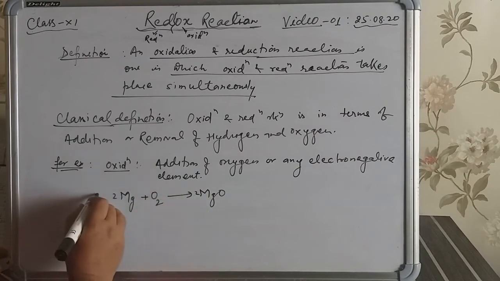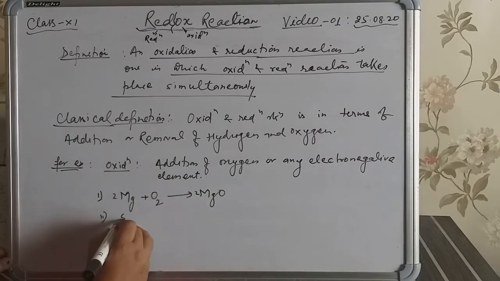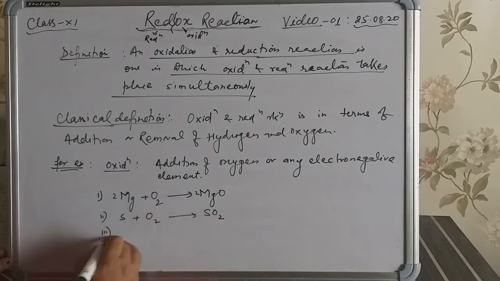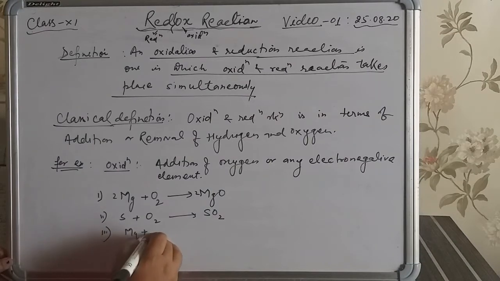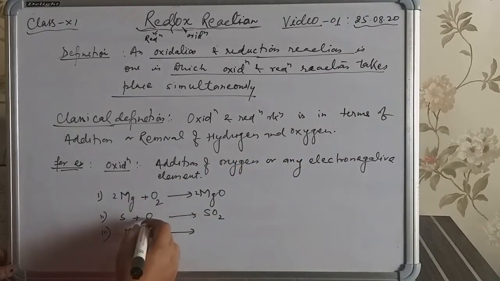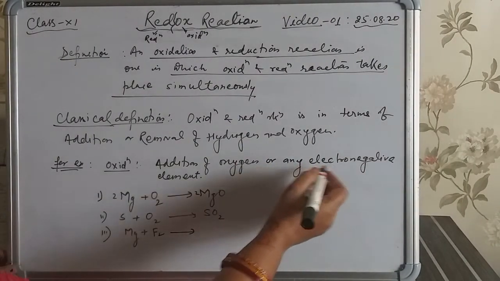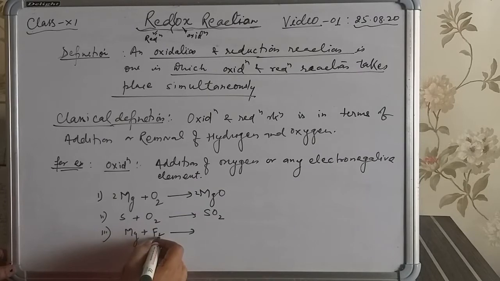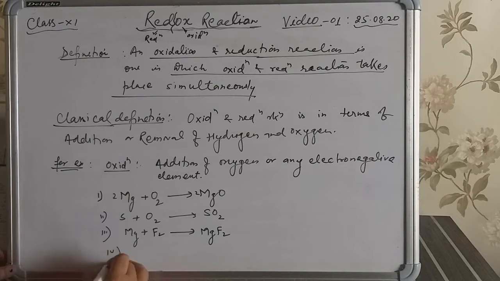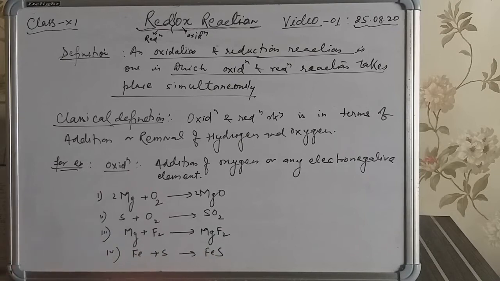Balance this equation. Number 2, sulfur reacts with oxygen to form sulfur dioxide. Similarly, if magnesium reacts with an electronegative element like fluorine, it will become magnesium fluoride. Then iron plus sulfur forms iron sulfide. This is according to classical definition.